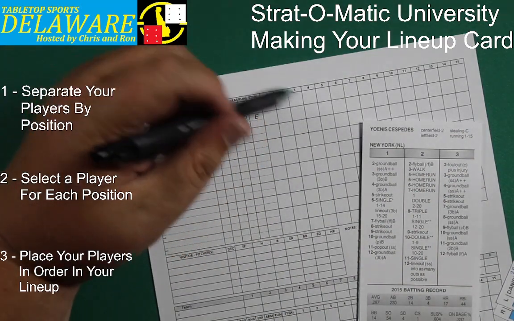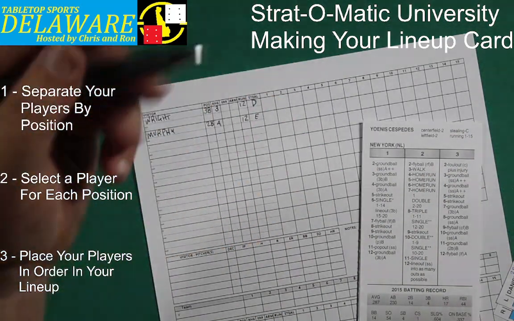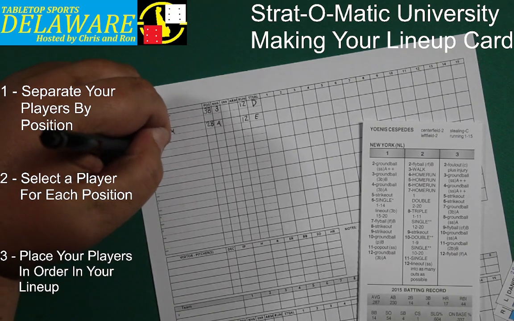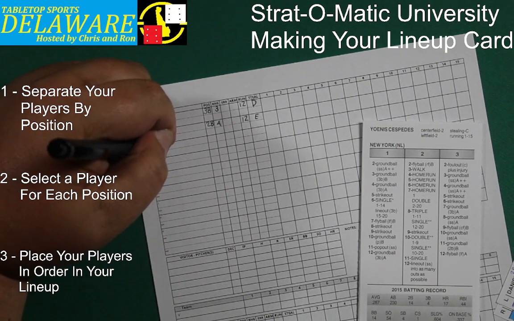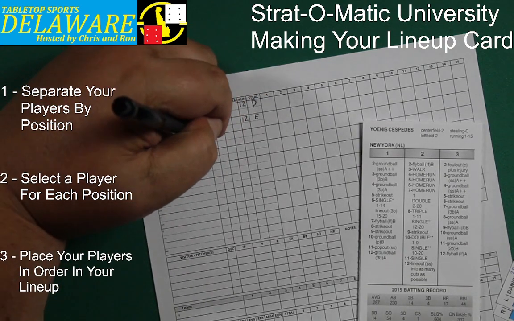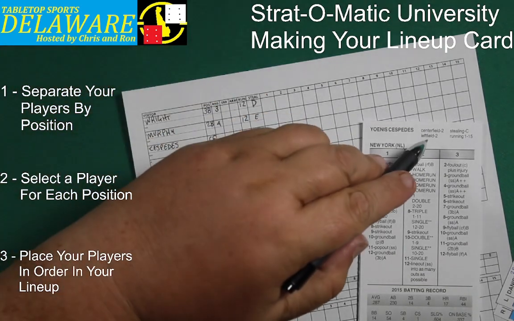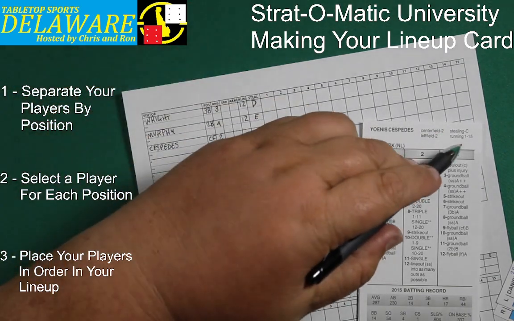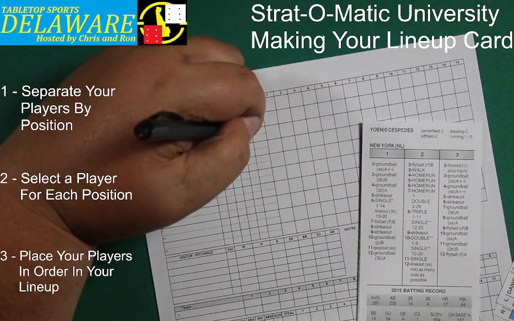Batting third is going to be Yoenis Cespedes. And we've got him plugged in center field. And defensively, he'll be playing at a 2. He's got a 1 to 15.